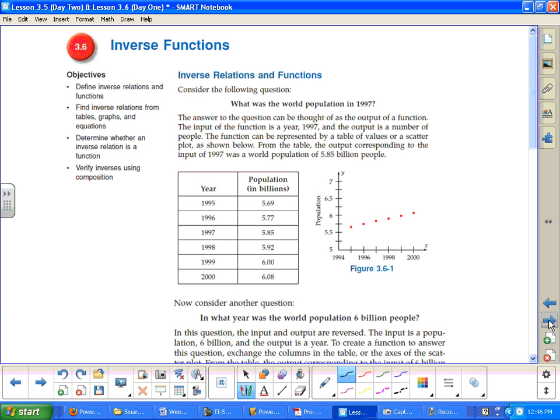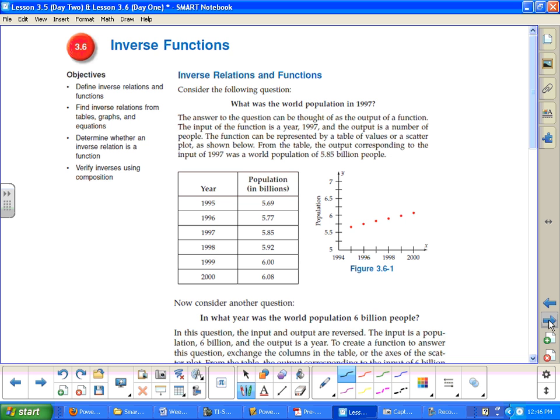Well, what happens then is in certain situations, so for instance, here's a situation that involves a world population. Okay? And it talks about the years with the world population. So if we were working with the inverses, then population would be on the x-axis, and the time or the years would be on the y-axis.